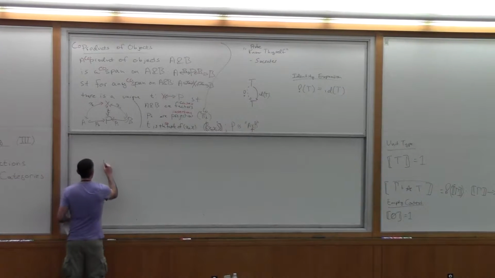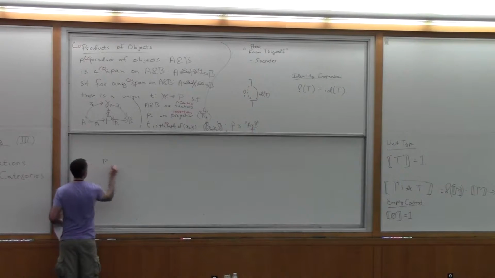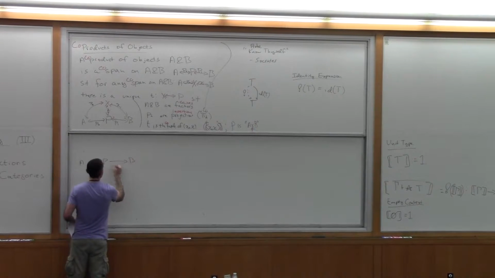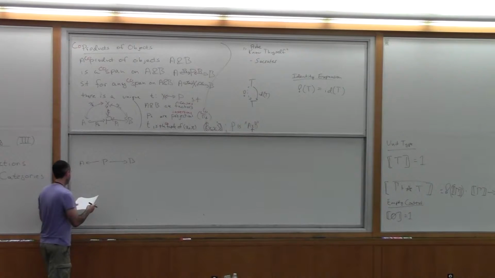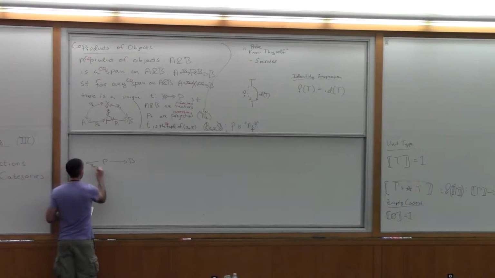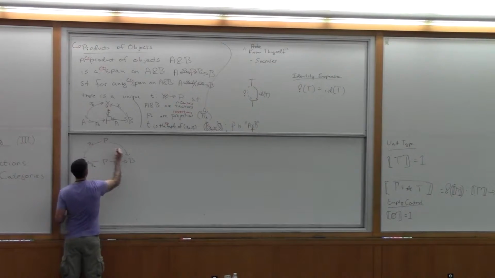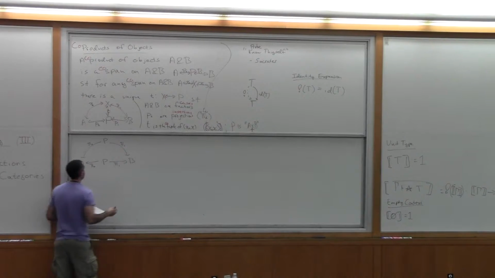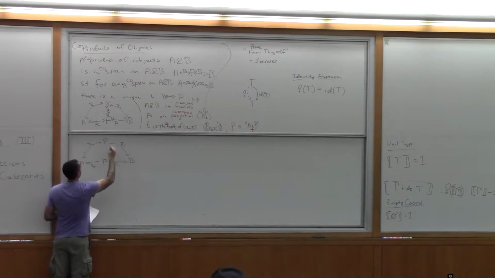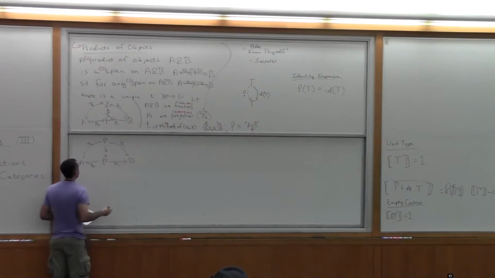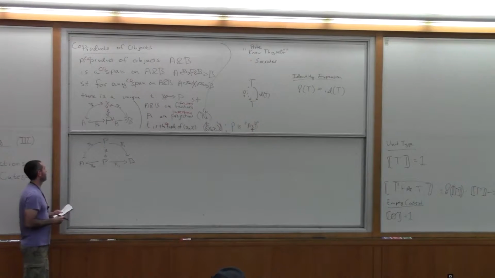Okay, so here's our product of A and B with the projections. And the whole point was we wanted the probe span to just be the distinguished one. Okay, and then universal said that there's a unique map here, tuple, making the diagram commute.